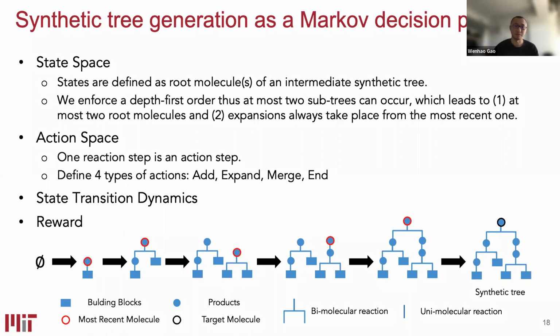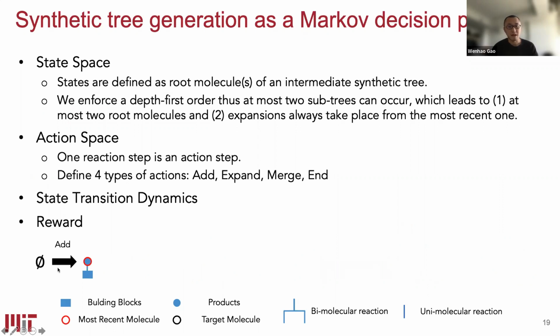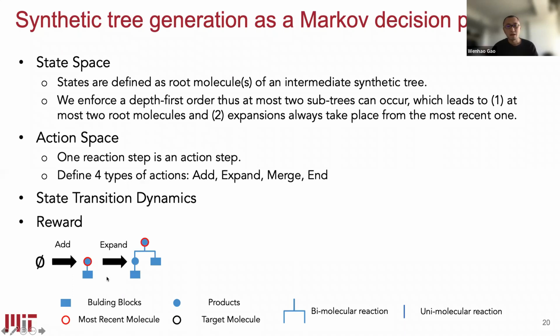We define each reaction step as an action step in this MDP, and define four types of actions. Using this tree as an example, from an empty set, we first conduct an add action to sample a new viable building block from a list of given viable building blocks, and apply a unimolecular reaction to obtain a product. Then an expand action takes the most recent intermediate as reactant and conducts a reaction, here a bimolecular one.